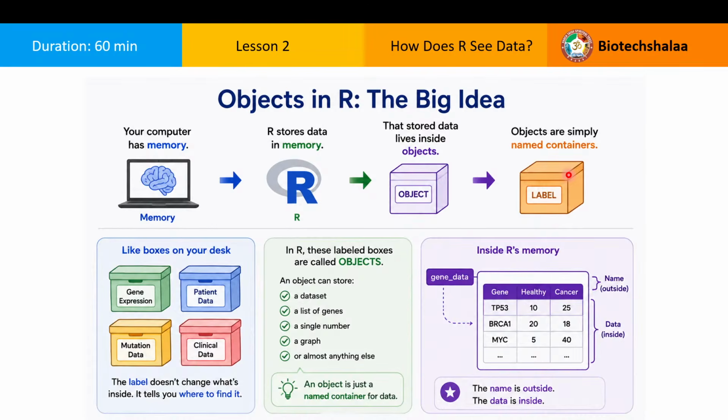Your computer has memory, and R stores data in the computer's memory. That data is stored inside objects, and objects are simply named containers, and they do not change anything stored inside them. For example, if we want to change the name of the object, we can write gene expression data, or any name that you would like to give this data set. This will not change the data which is present here.